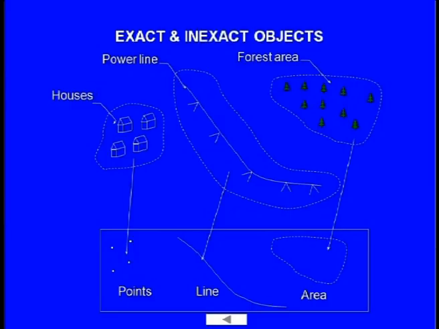So, it may be prudent to provide the exterior boundary and identify it as a forest area, and this could be represented as areal information by a polygon.